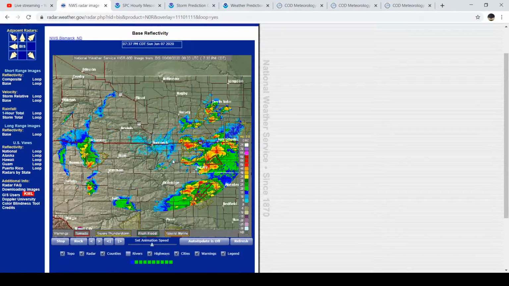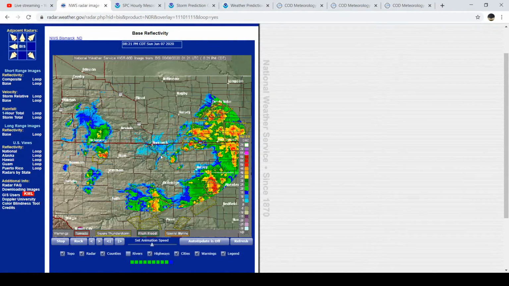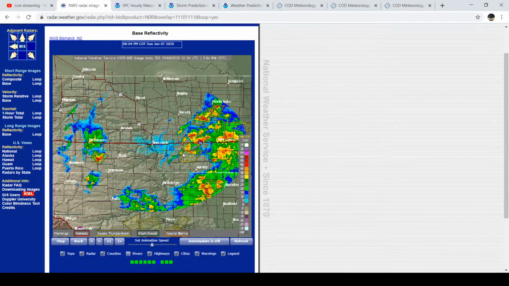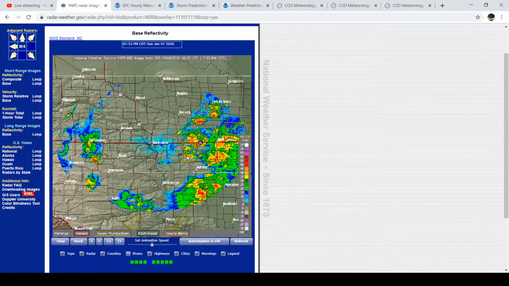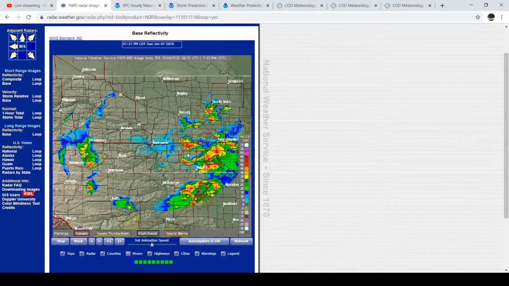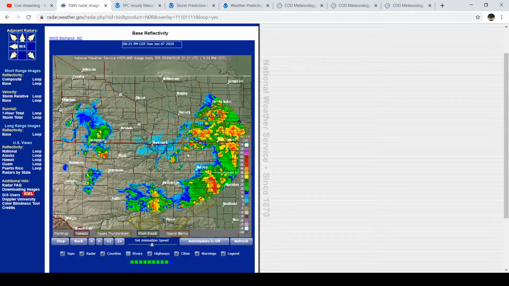You can see a little cell forming, but it looks like it's because of this outflow boundary that came from this storm. It'd be interesting to see if anything is going to form within that area.